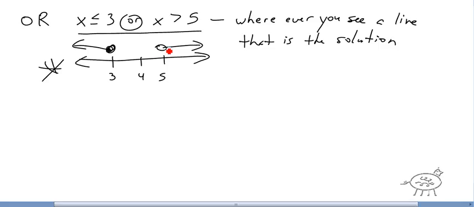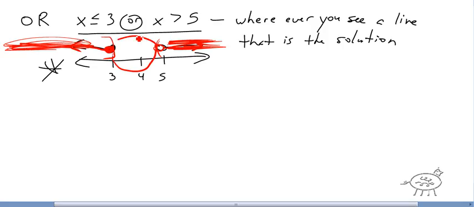So for example, I see a line starting here and going out. I mean, I'm just following the line, and I see one starting here and going out. So my solution is everything from here out. So if I would just shade everything, that's all my solution, and everything from this point out, that's my solution too. This point right here, or this spot right in the middle, is not part of the solution.